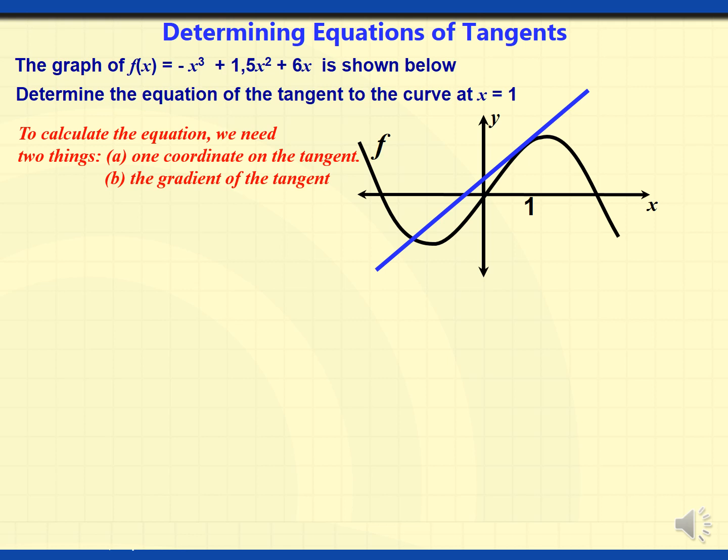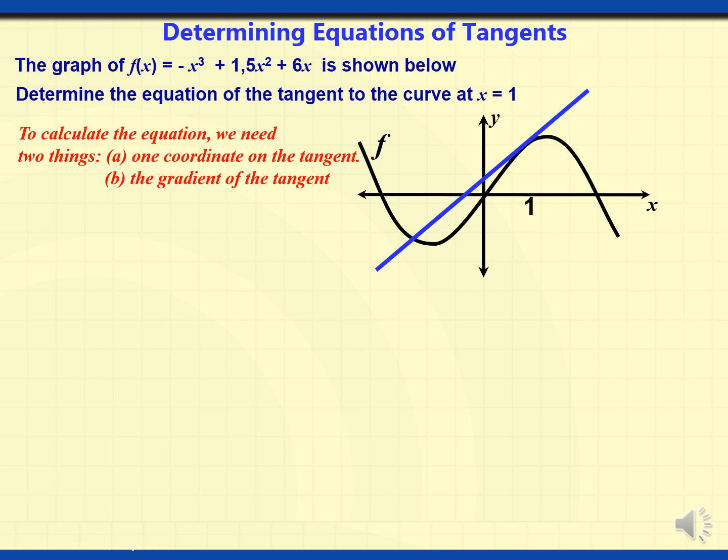Now, to determine the equation of a tangent, we need two pieces of information. The first one, we need the coordinates of one point that is on the tangent. And most of the time, we use the coordinates of the point where the tangent is touching the graph.